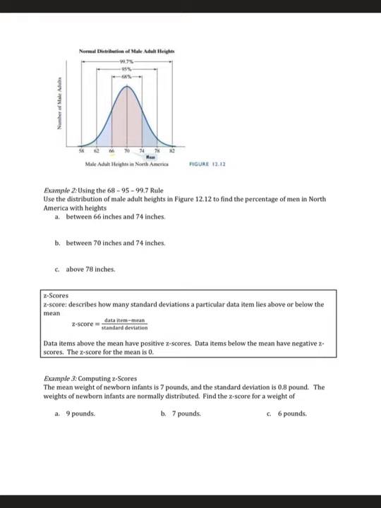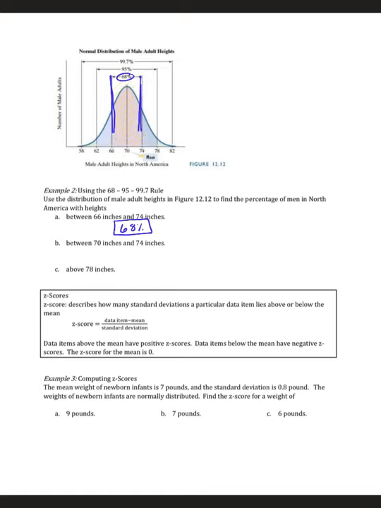Well, we can see 66 is here, 74 is here. So we want to find the percentage of men that have all the heights in that range. And by looking at the picture above, you can see that that would be 68% of all men because we see that value right here. That tells us that everything between here and here is 68% of those values.